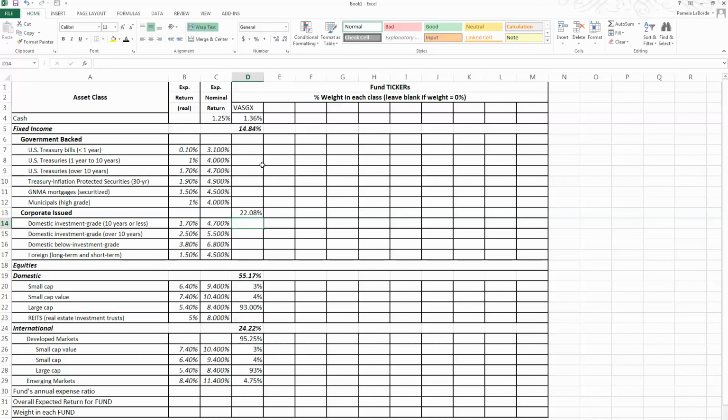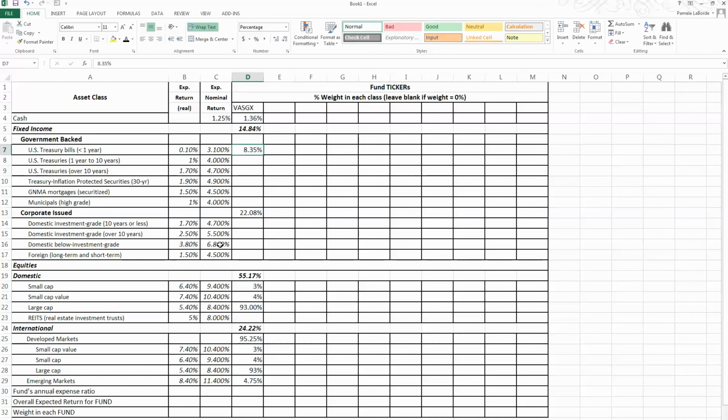They had 8.35 in what they called cash and equivalents. I'm popping all that into U.S. Treasury bills, 1%, or less than 1 year. They didn't specifically tell me what that was, but it should earn approximately the same return as those.